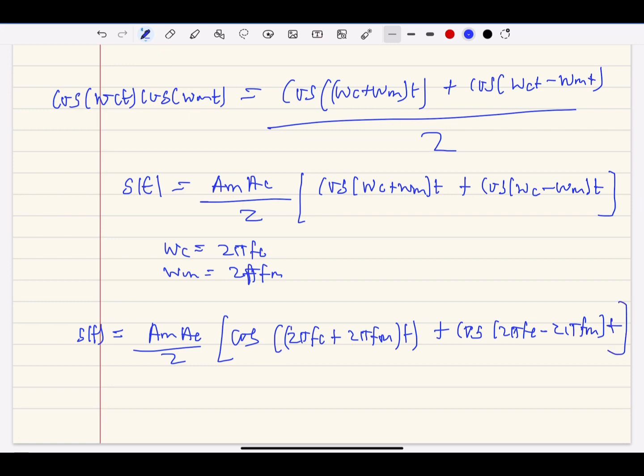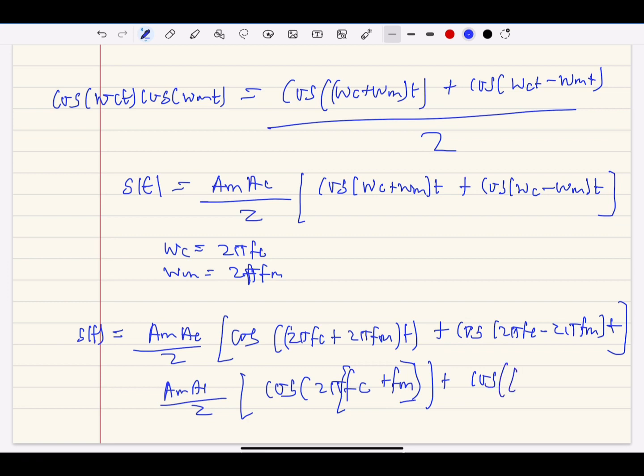You can bring the 2π out, and then you are going to get something like cos[2π(fc plus fm)t] plus cos[2π(fc minus fm)t].